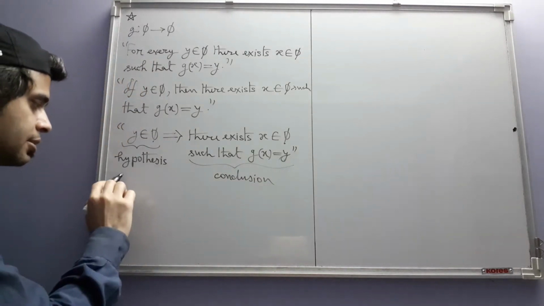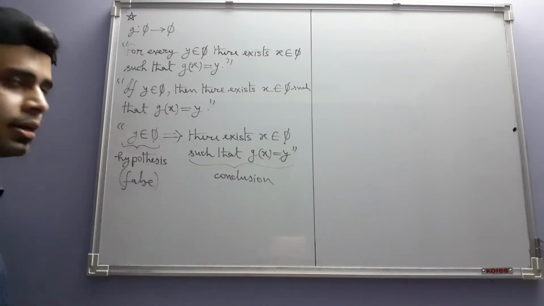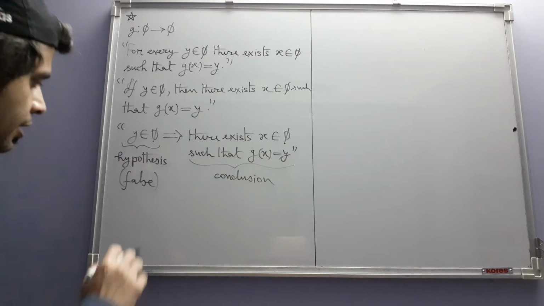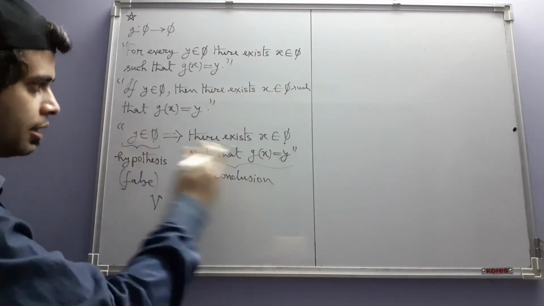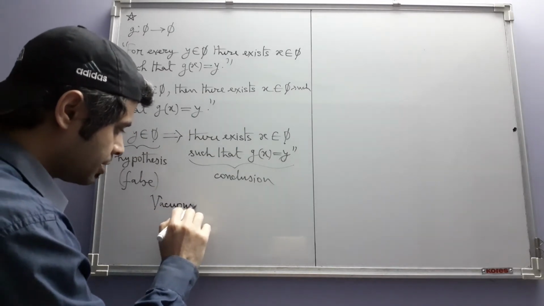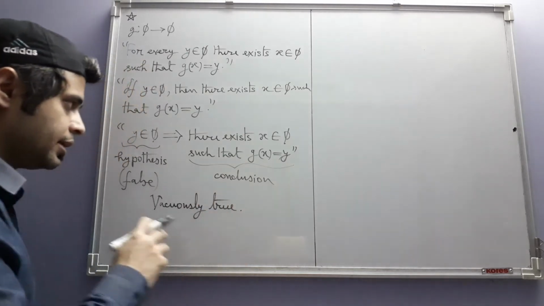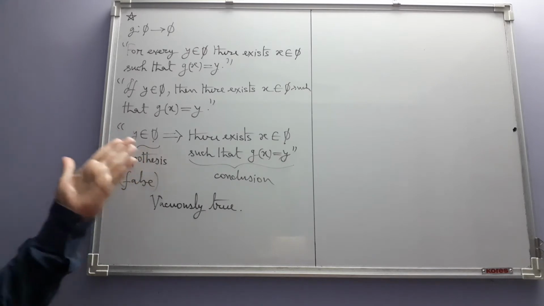So the hypothesis is false. So regardless of what the conclusion is, the implication is true. In fact, this is the case where we say that an implication is vacuously true. That means there is no situation where this hypothesis holds.